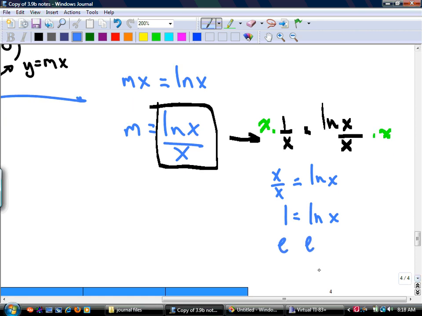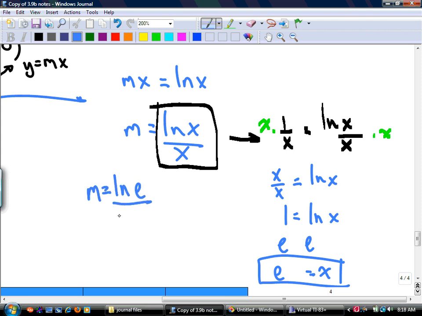So x equals e, 2.71812, and it doesn't change in value. So you know m now. M is ln e over e. What's m? 1 over e. That's kind of cool.